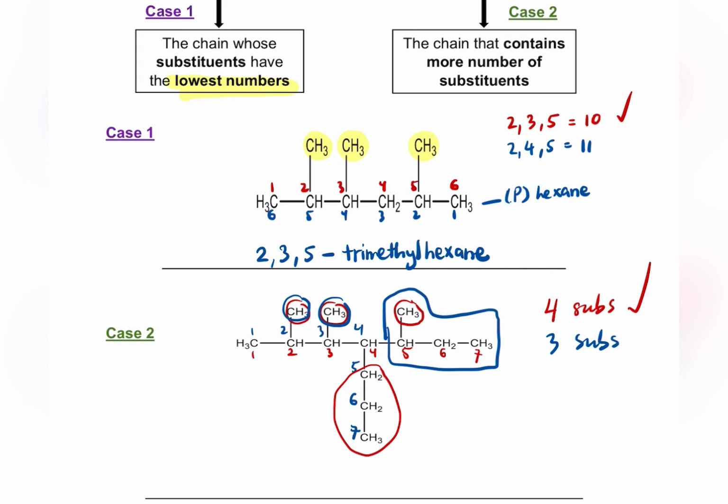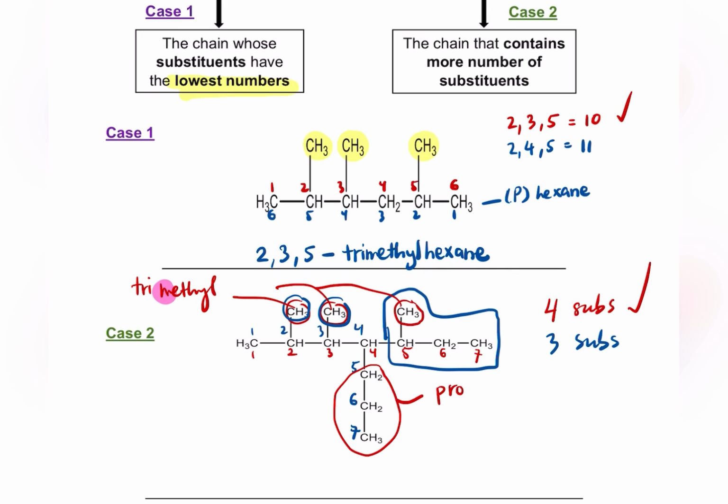So from here, with the red color, the first substituent is methyl. There will be 3 of them, so put tri. But the alphabetical order that I'm going to look at is the letter M. The next one, I got this 3 carbon chain in straight form attached to carbon number 4. So this one will be my second substituent.